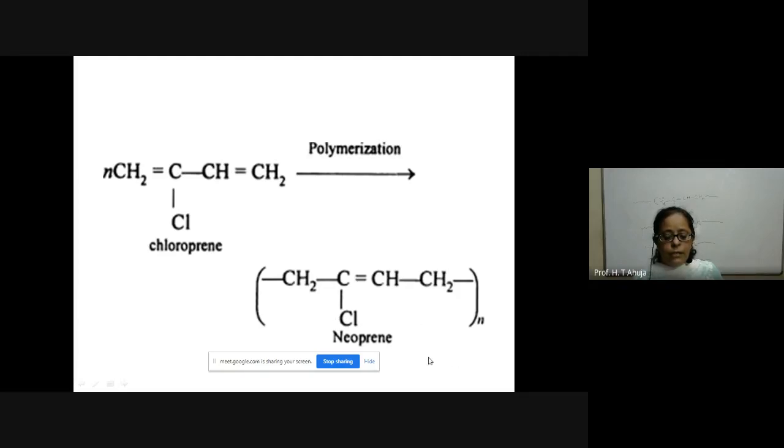When I add magnesium oxide, MgCl2 is liberated. Suppose I have two chains of this neoprene, and I have an MgO over here, MgCl2 is liberated, and an oxygen atom is attached over here. So it forms a crosslink. So here crosslinks are formed with oxygen.